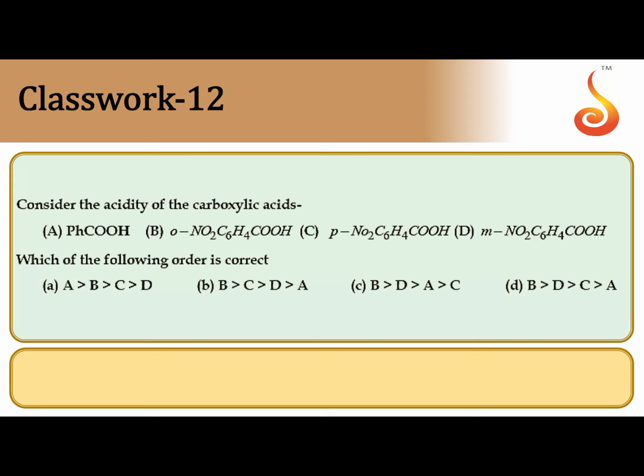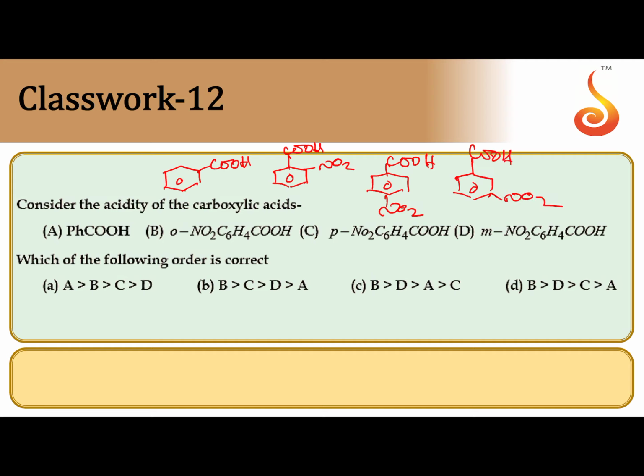Next, consider the acidity of the following carboxylic acids: benzoic acid, orthonitrobenzoic acid, paranitro, and then metanitrobenzoic acid. So acidic strength is increased by electron withdrawing group. NO2 is a strong electron withdrawing group. But among the three, ortho, para and meta, at ortho position this is the strongest.